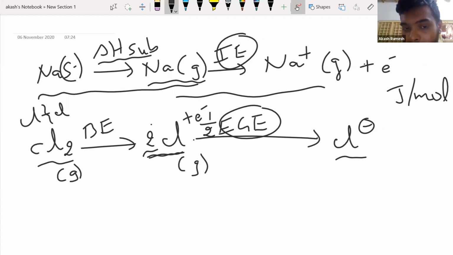Why am I supplying only half? It's because I require only one chloride ion. Only 1 Cl minus is required, but I have 2 chlorine atoms present, and out of that, only 1 is required. So instead of supplying the entire electron gain enthalpy, I will supply only half the value. Does that make sense?